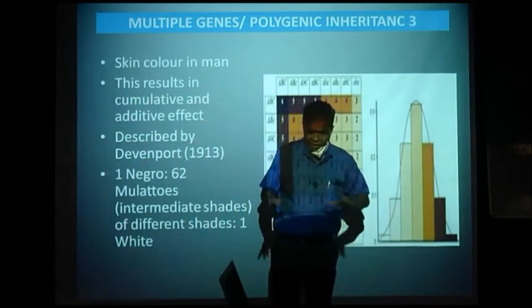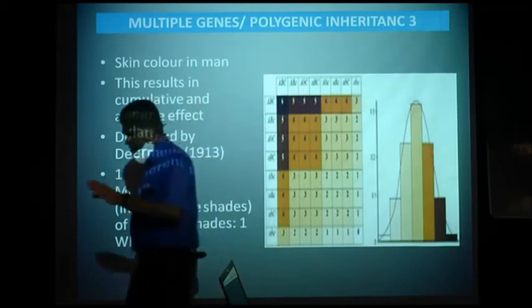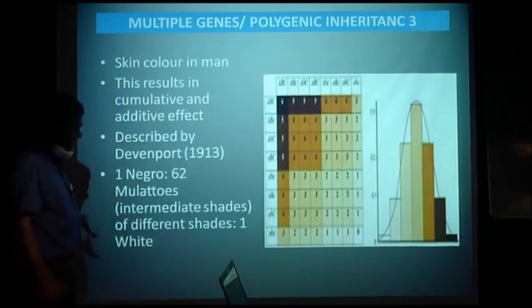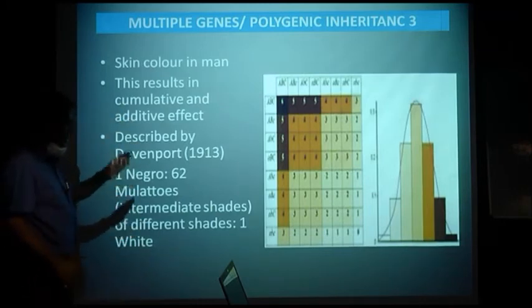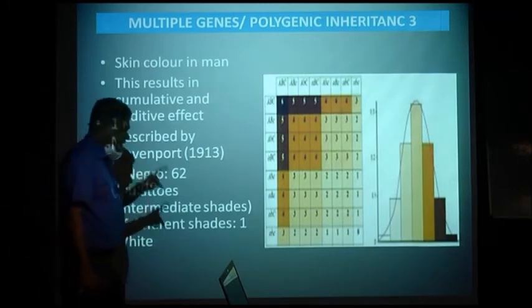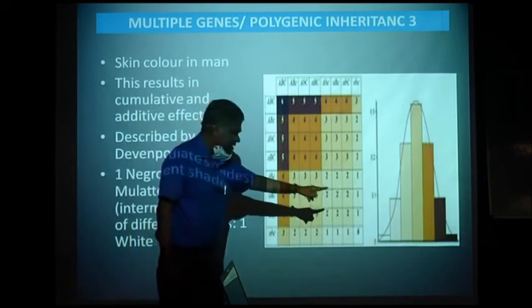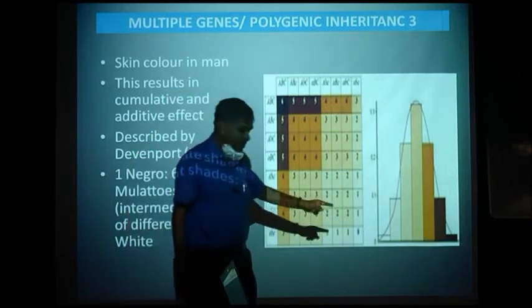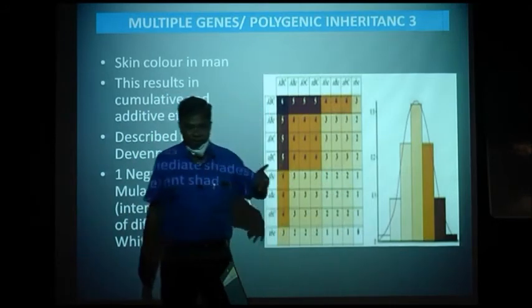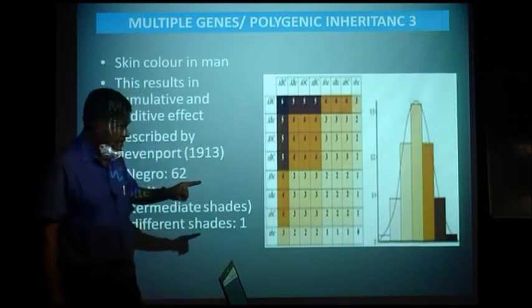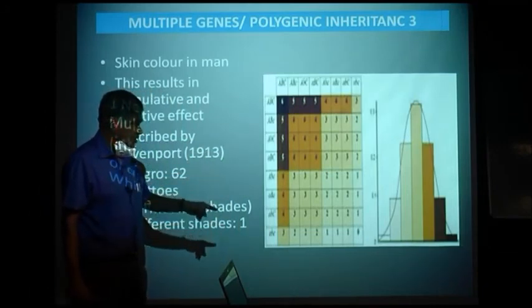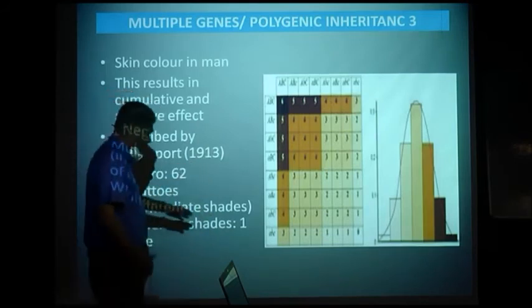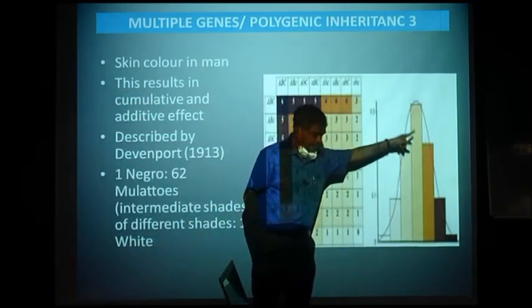If all dominant genes are present, it is one color, all recessive the other extreme color, and intermediates are the medium colors. The one extreme dominant is darkest. If we take 3 genes as an example, we get a minimum number of total dark, a minimum number of total white, and all the others are medium, and we get a bell-shaped curve.